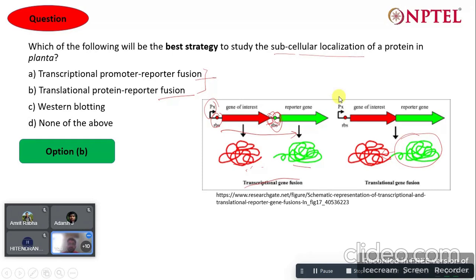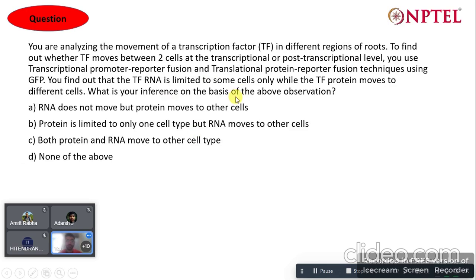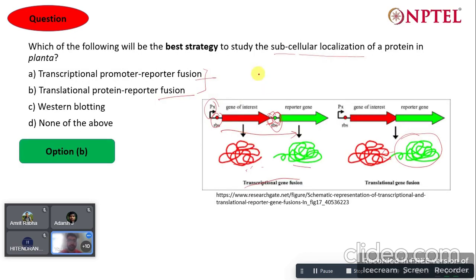Okay, so any doubts in this question? So let's take an example of a bacteria. So what we generally do is use these genetic engineering techniques. I'm talking about the translation protein fusion.